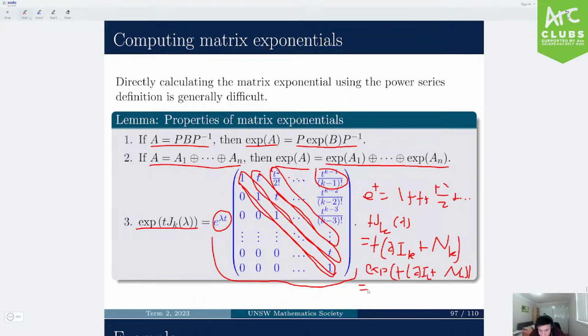Okay, and we can actually break this up into 2 different exponentials, and the reason is because lambda I_k commutes with N_k, because the identity matrix commutes with every matrix, right? So this is just exp of t lambda I_k times exp of t N_k.